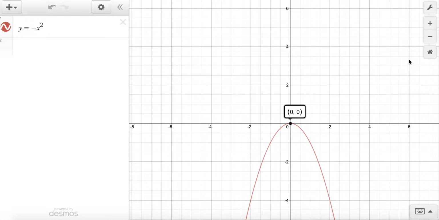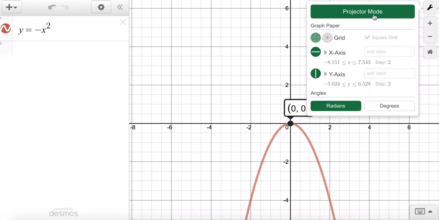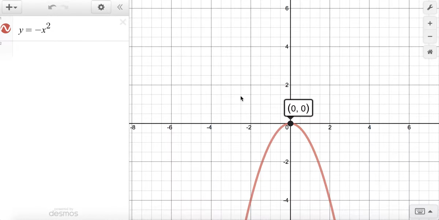There it is. You could ask the sub to pause because that's the first graph you want to sketch. Y equals negative x squared. It goes down here at 0, 0.